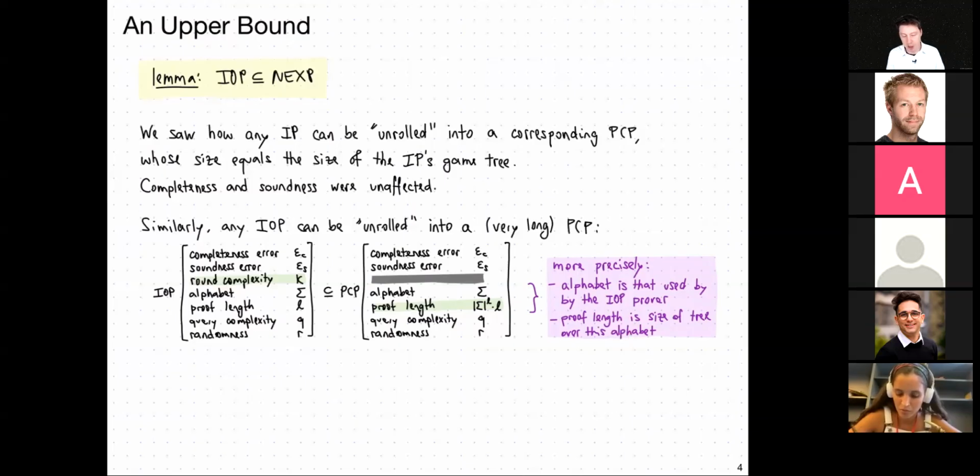So you just open up the whole interaction, just like you did up here, except that when you're simulating the IOP verifier, as opposed to simulating the IP verifier within the PCP verifier, rather than reading messages from the prover entirely, you're going to query into them. You go to the part of the tree where you find an oracle, and instead of reading that oracle in full, you read whatever queries you needed from it. Nothing else really changes.